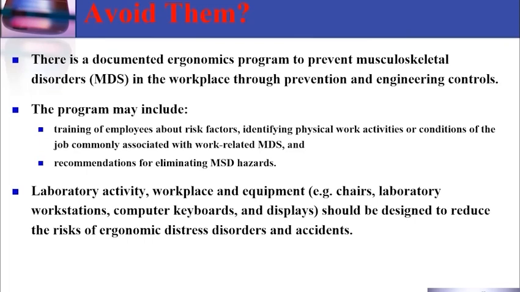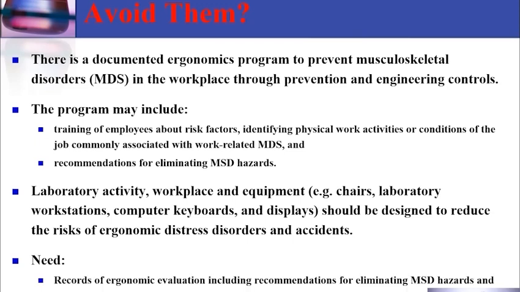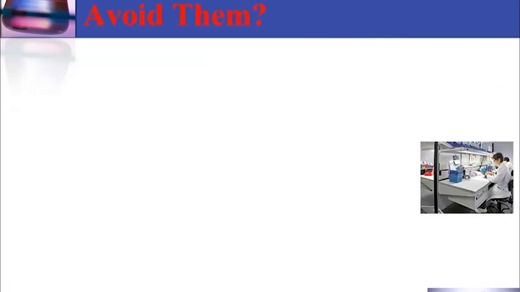That's what your program should include. Laboratory activity, workplace and equipment like chair, laboratory workstation, computer keyboard, and displays should be designed to reduce the risk of ergonomic distress, disorders, and accidents. You need to keep records of ergonomic evaluation, including recommendations for eliminating MSD hazards and appropriate corrective action based on the assessment findings.